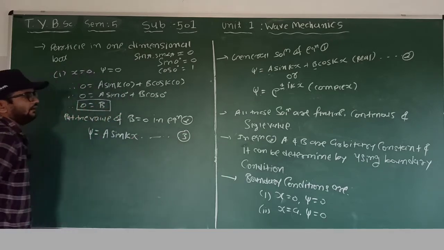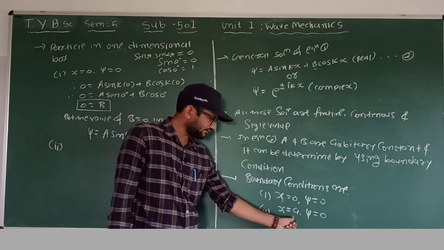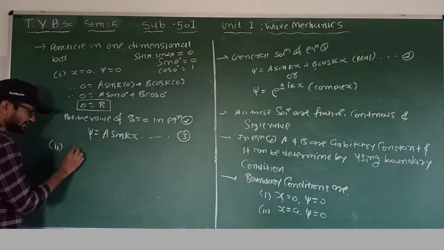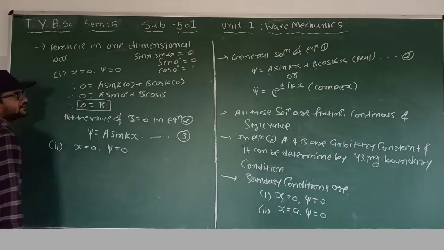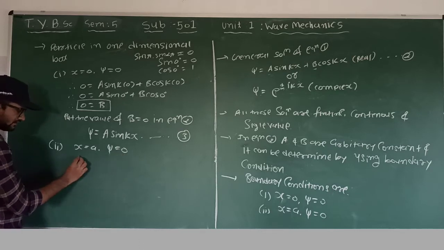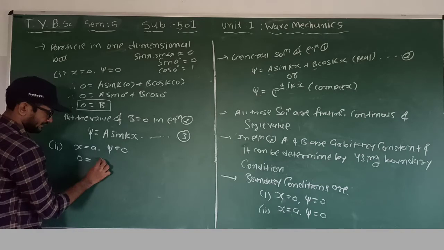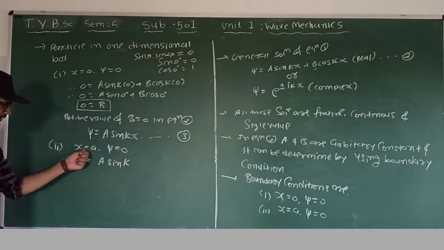Okay, so now another boundary condition is x is equal to a and psi is equal to 0. Here in this case the value of psi is 0, so therefore 0 is equal to a sin k, and the value of x is equal to a.